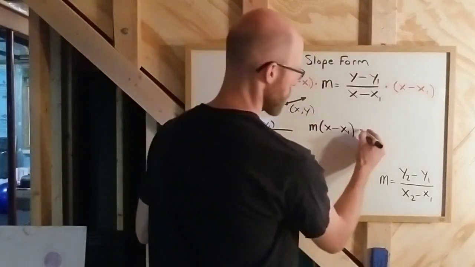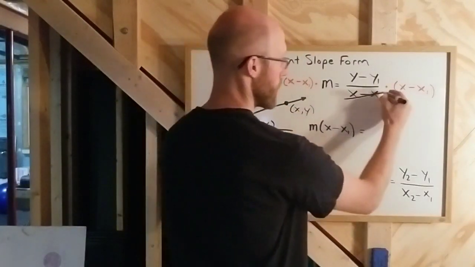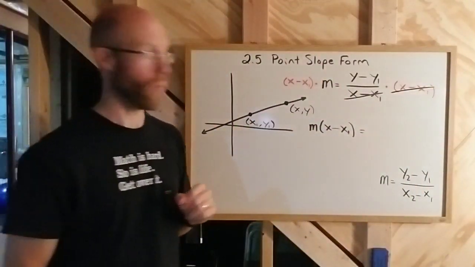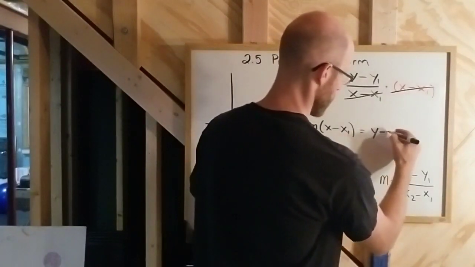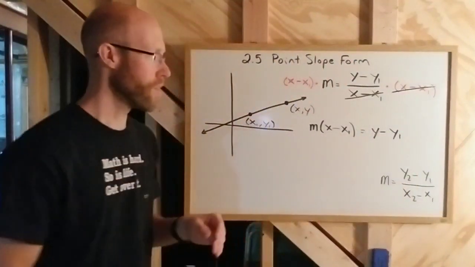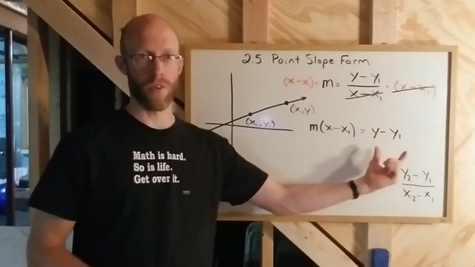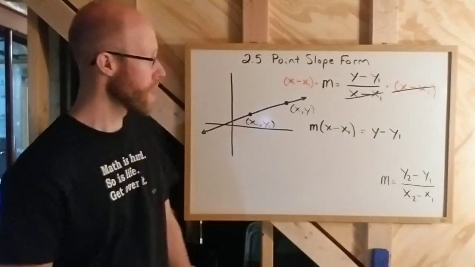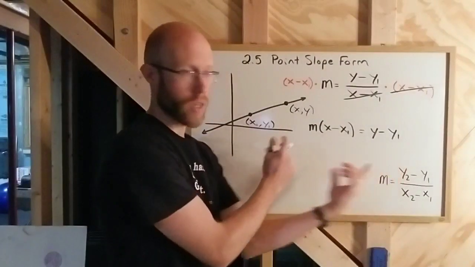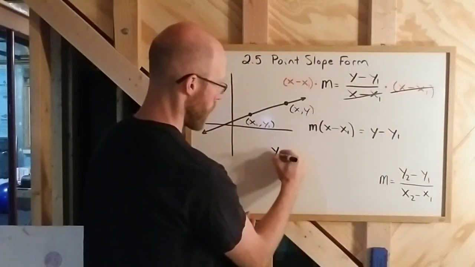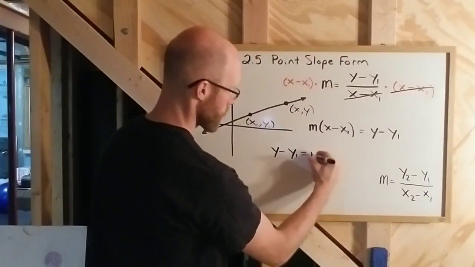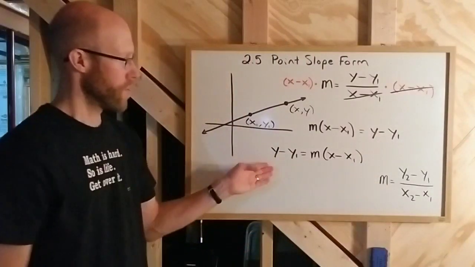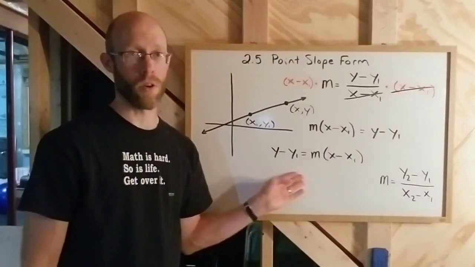Then we set that equal to, on the right side, where the denominator cancels out, just y minus y1. And now, usually when we solve for a variable, we like to have that variable on the left side. It's just more common to do that. And so I'm going to switch the 2 sides of the equation around and write it as y minus y1 equals m times x minus x1. This is what we call the point-slope formula.